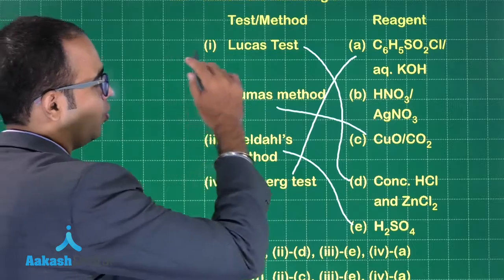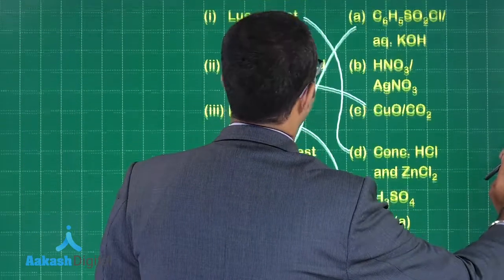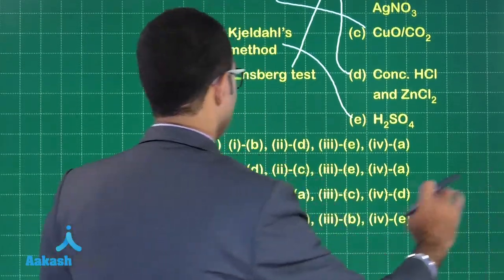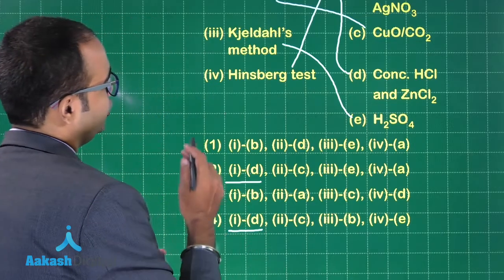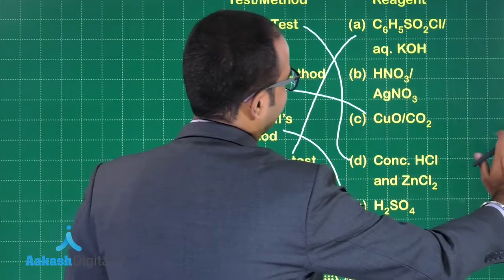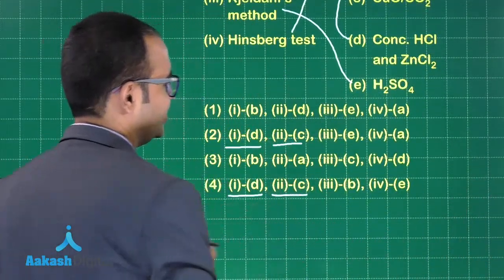Okay. So 1 is D, guys. So where does 1 match with D? Let's see. We have two options where 1 is matching with D. Okay. 2, what is our 2 over here? 2 is C. Okay. So again we have two options where it is matching.